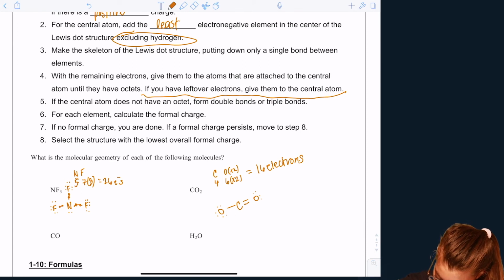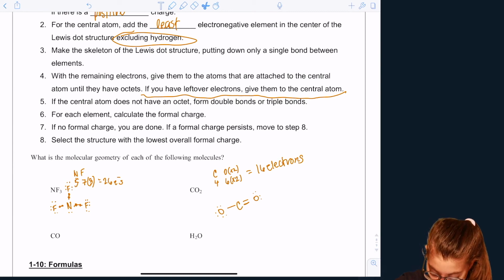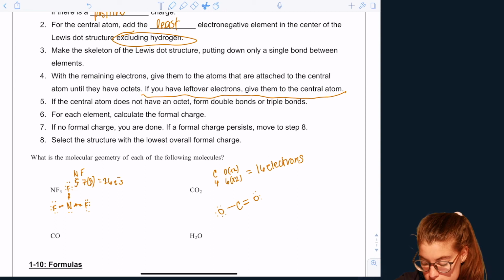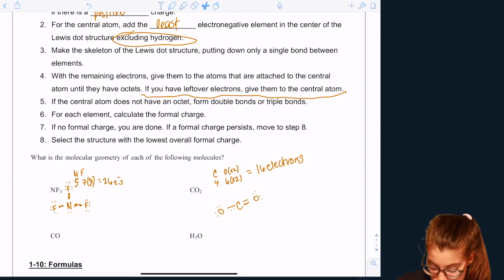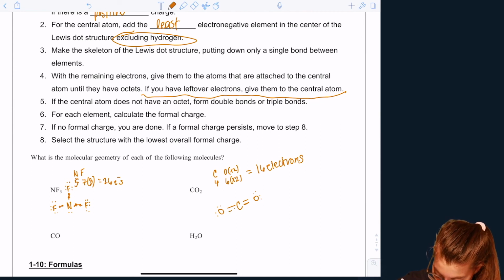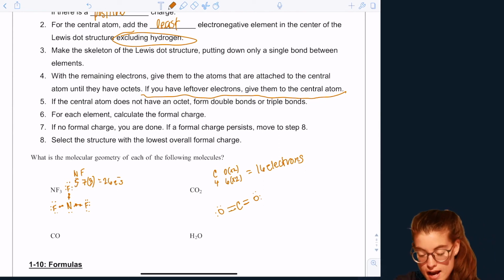Like that. There they are. All right, and then we'll do it again because still the carbon does not have an octet. So we're going to take these electrons that are a lone pair on oxygen and move them in as a pi bond to the carbon. And now we can see that carbon does have an octet.